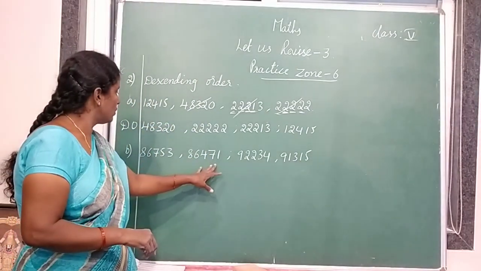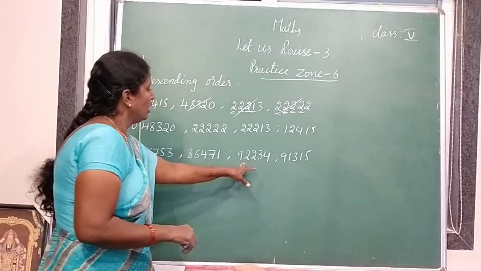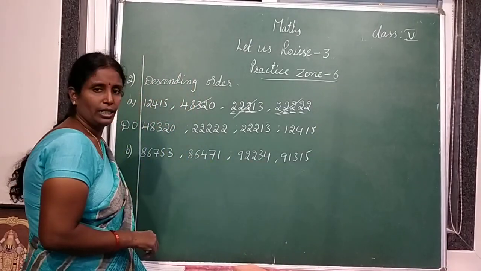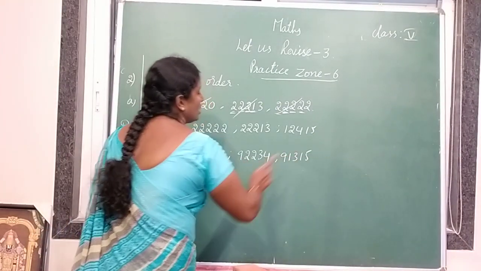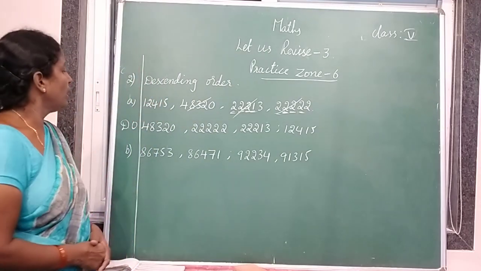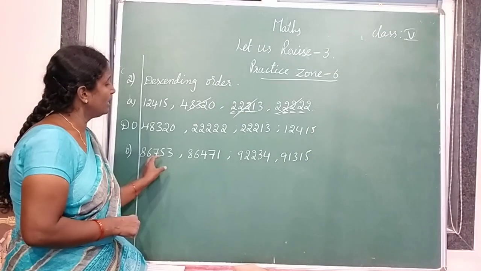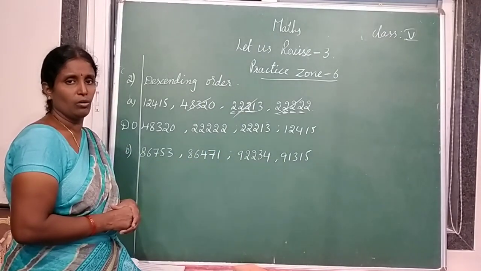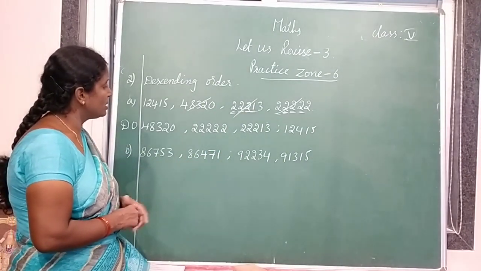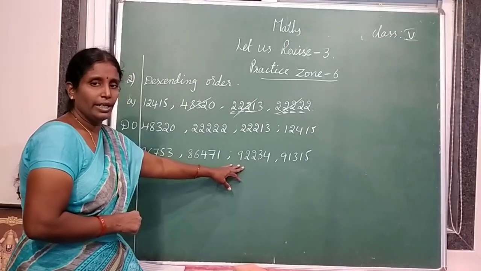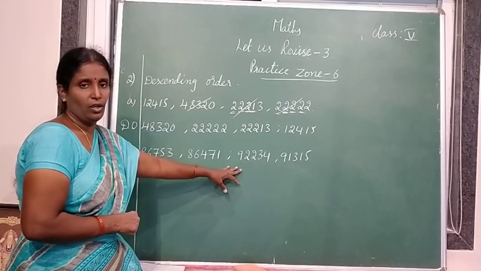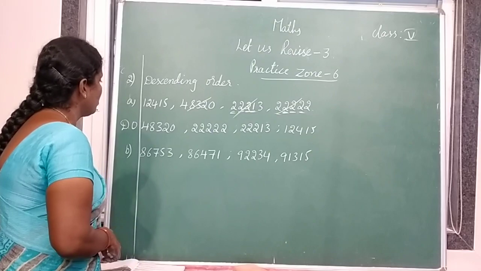So 86,753, 86,471, 92,234 and 91,315. Here all 4 numbers are 5-digit numbers. So we have to arrange these numbers in decreasing order or descending order. So which is the greatest number here?